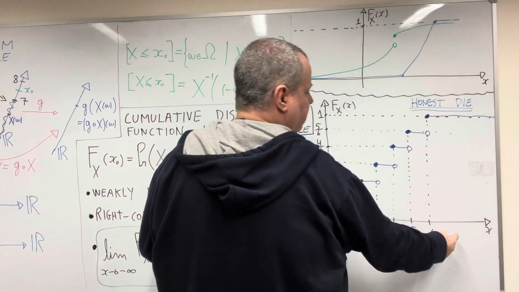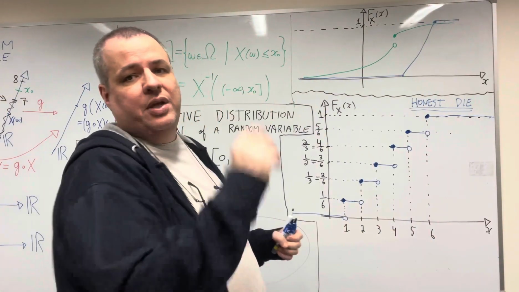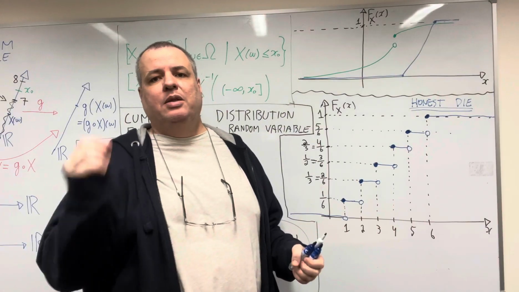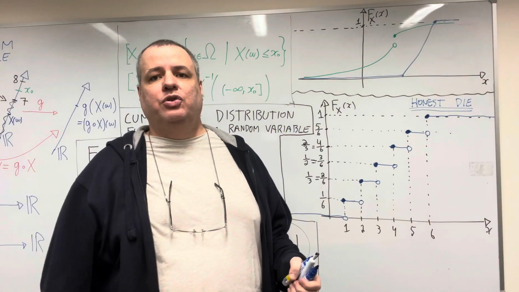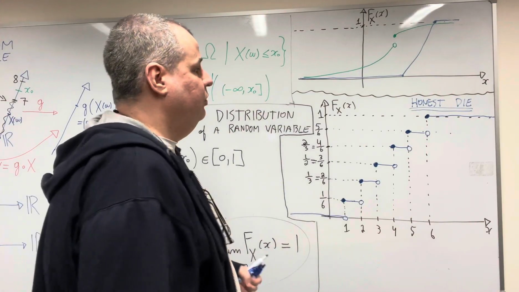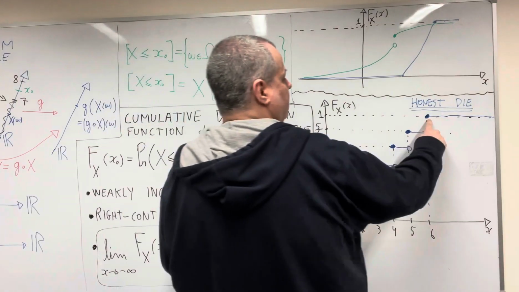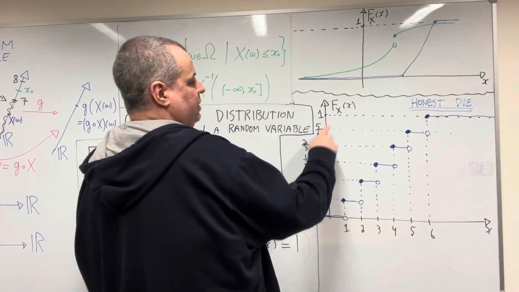And if you pick a number bigger than or equal to 6, say 7, what's the probability that when you throw the honest die, you get a result smaller or equal to 7? 100%, you always do. You always get something smaller than 7. So the function becomes 1.